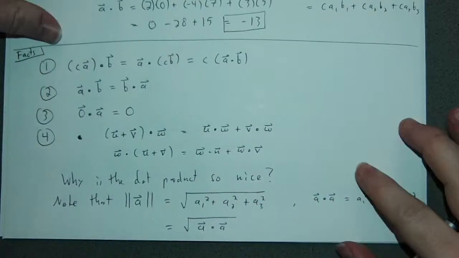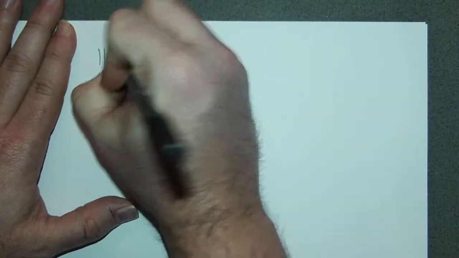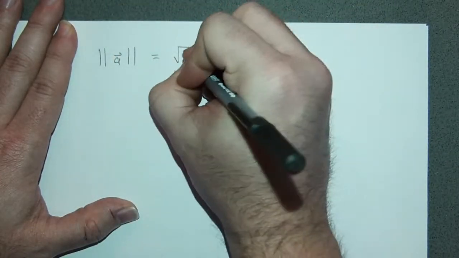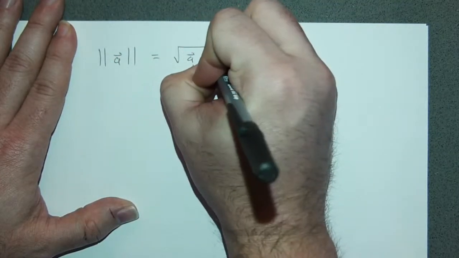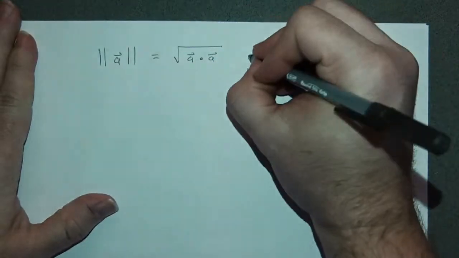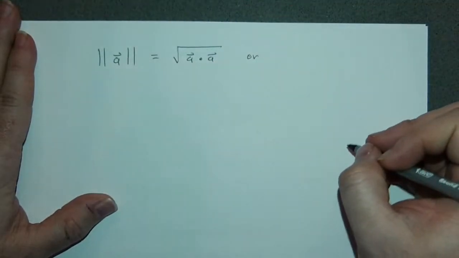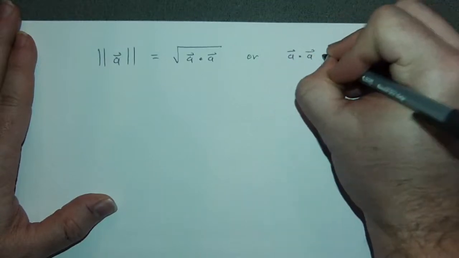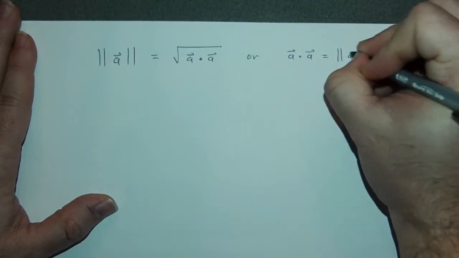I'm going to rewrite that on the next page because this is important. So the length of a vector is actually the square root of that vector dotted with itself. Or, equivalently, a vector dotted with itself is its length squared.